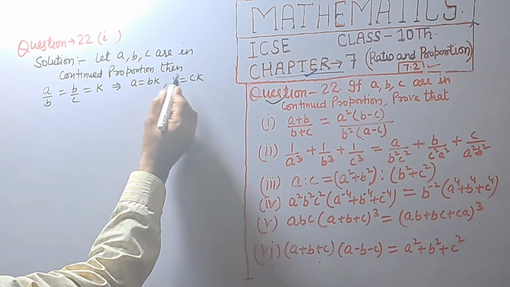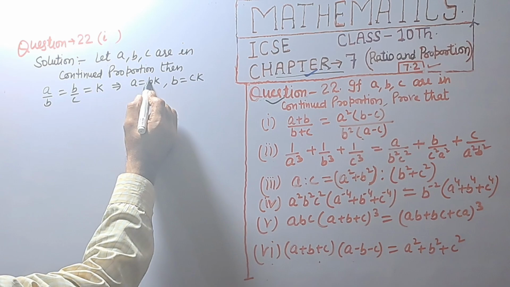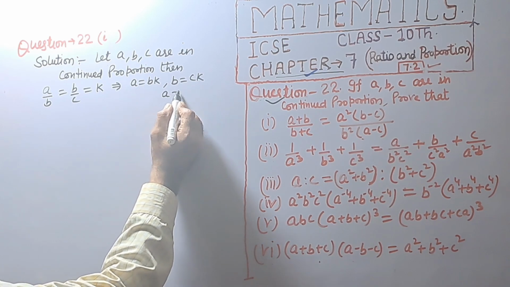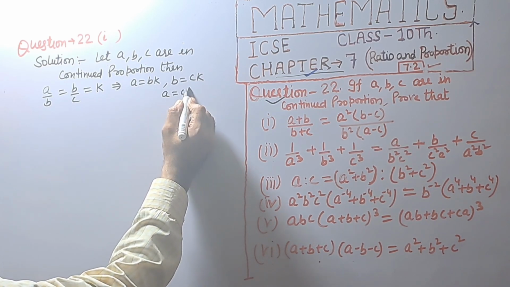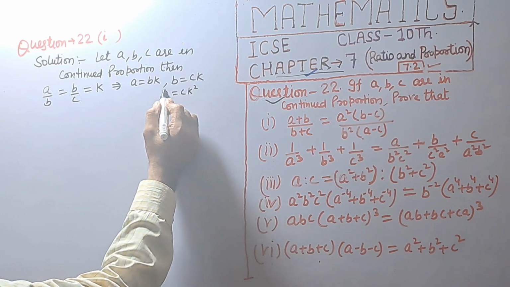We are putting B is equal to CK in here, then we get the value of A is equal to CK square.